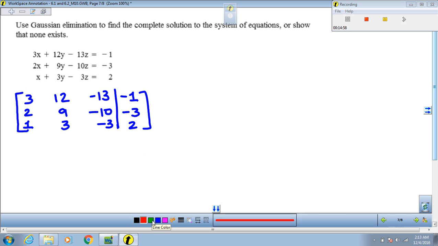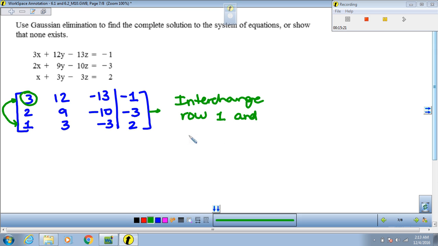So first thing that we want to do, we would like this 3 to be a 1. And if you see, there is already a 1 in that same column, but in row 3. So these two, we can interchange them just like we did in the other one. Interchange row 1 and row 3 from place.